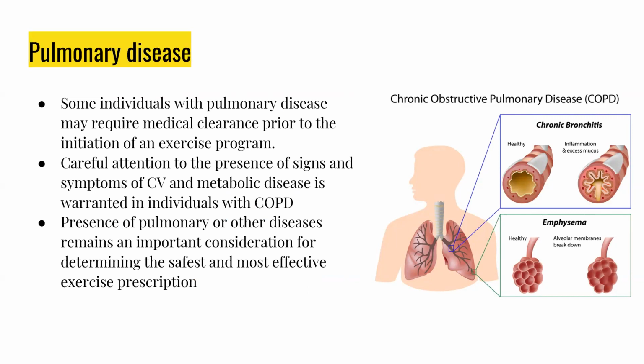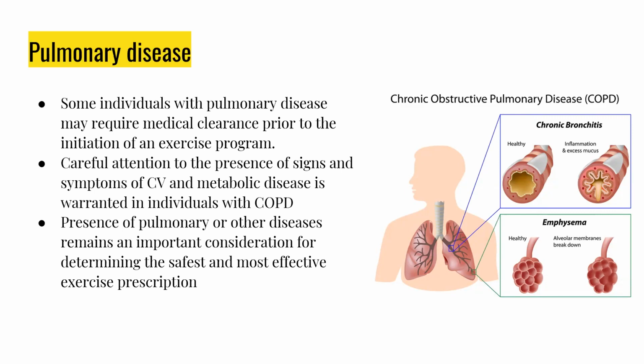It's a case by case situation where if they present asthma, for example, but they have been cleared by their physician that they can do physical activity, they can start exercising, then there's no problem for them to initiate the exercise program.